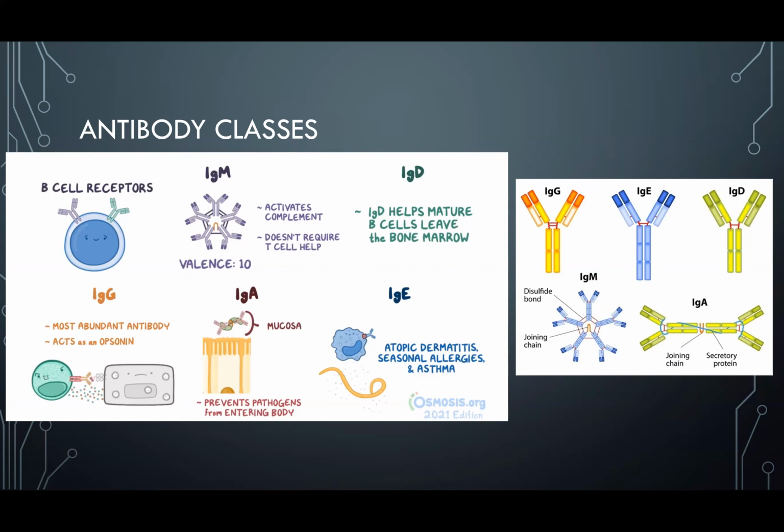Immunoglobulin A makes up 20% of serum immunoglobulin. Immunoglobulin A is a monomer with a valence of 2. Immunoglobulin A is the main antibody found in mucosal sites, such as the saliva, tears, breast milk, and semen. Immunoglobulin A can also act as an opsonin.